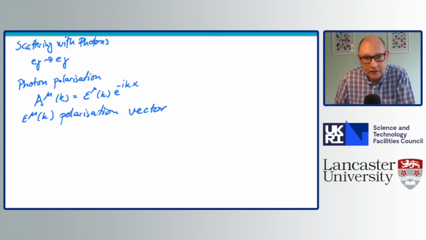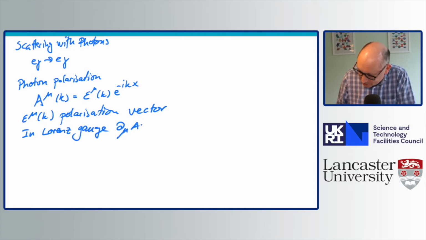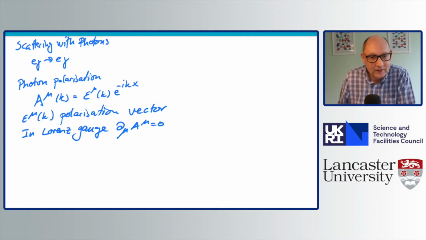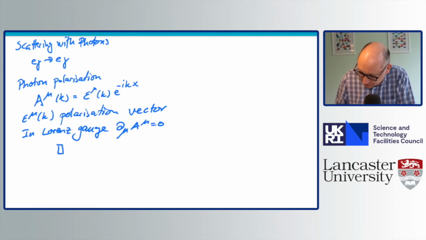Now, if we look in the Lorentz gauge, we all remember what the Lorentz gauge is. It says that d^mu A_mu is equal to 0. We have that the wave equation that A_mu has to fulfill says that the D'Alembertian on A_mu is 0. The D'Alembertian is d_nu d^nu.